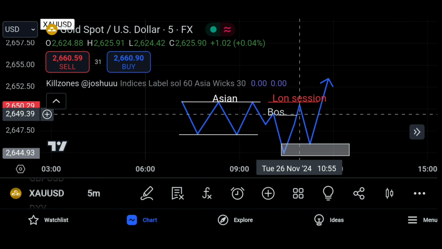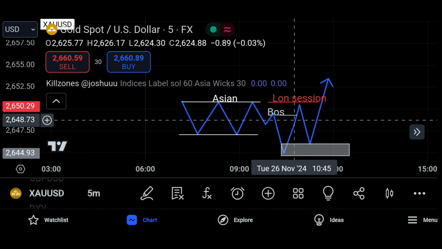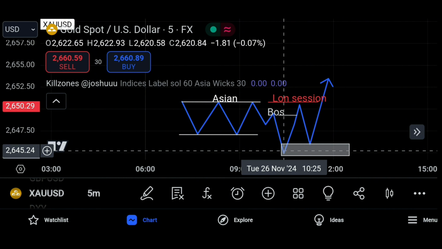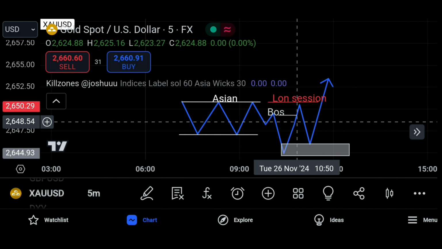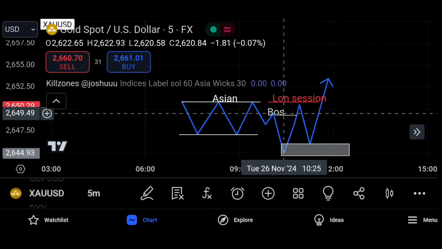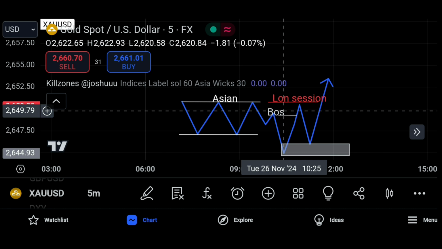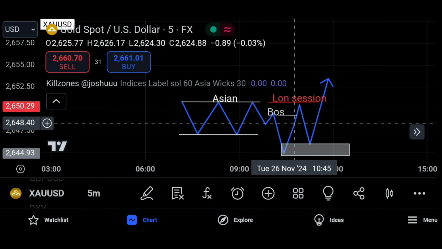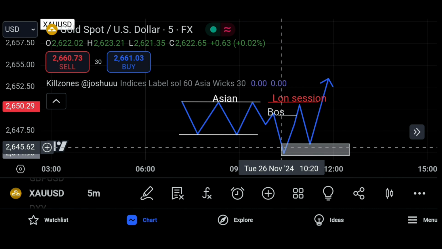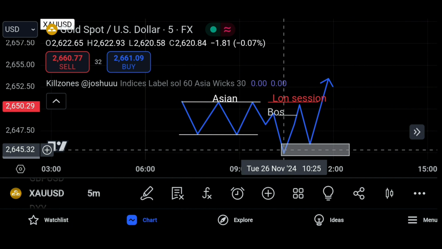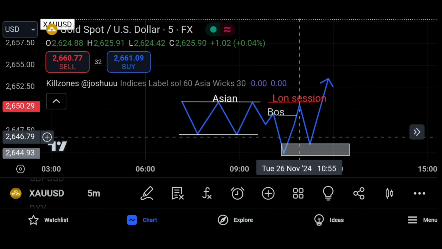All right, so now how do we enter this move that breaks this structure? We look back down and then look for any demand that was created.